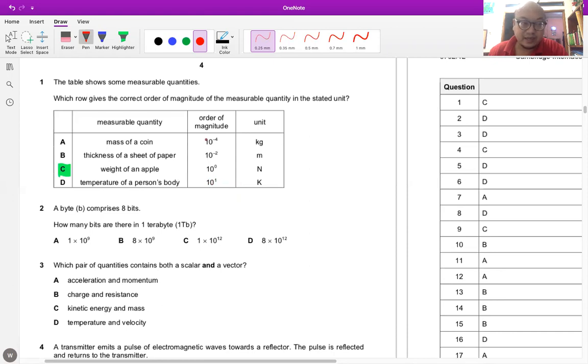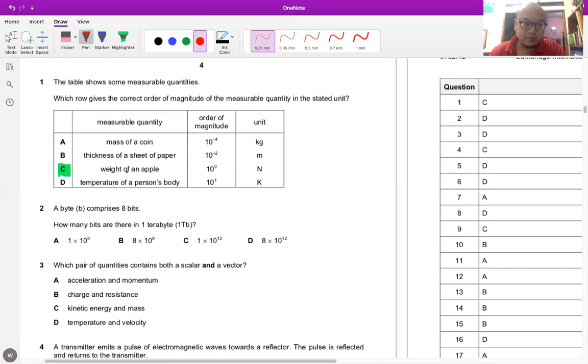Then mass of a coin 10 to the power minus 4 kilogram is the same as 0.1 gram, which is also not realistic. The thickness is 10 to the power minus 2 meter, the same as 1 centimeter, so this is not correct either.